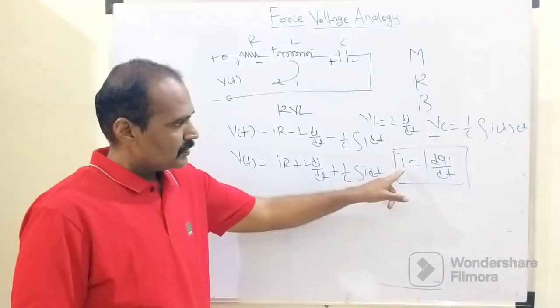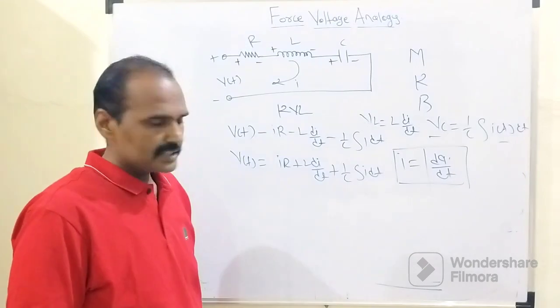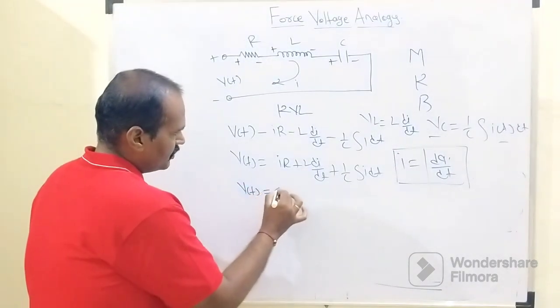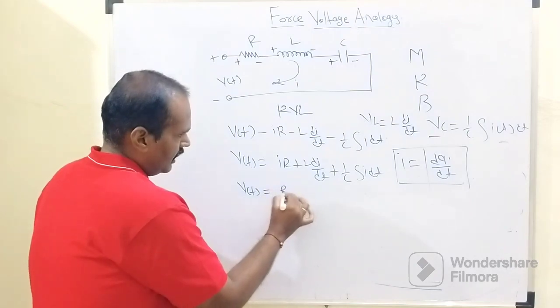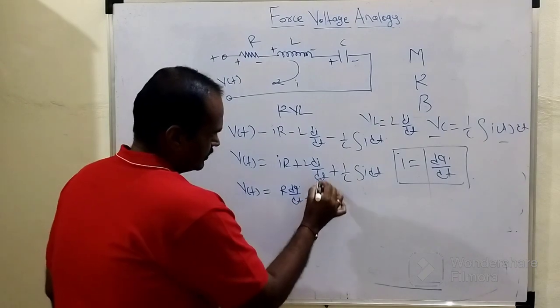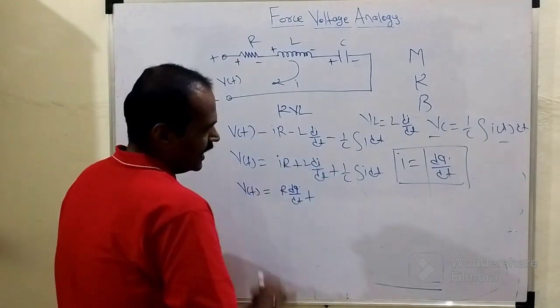So when we substitute the desired value of I into this existing statement, this statement will become what? V of t equals R times dq by dt plus L di by dt.